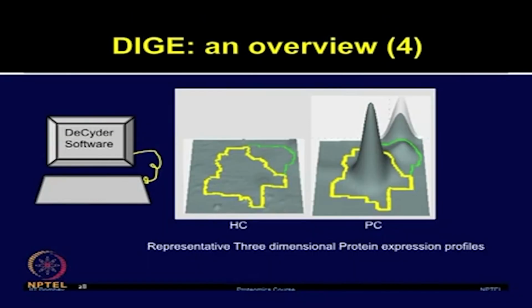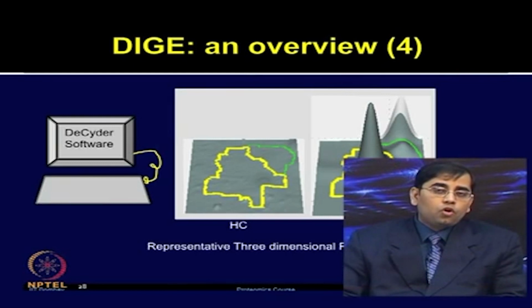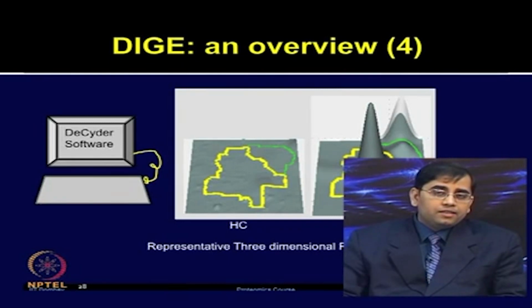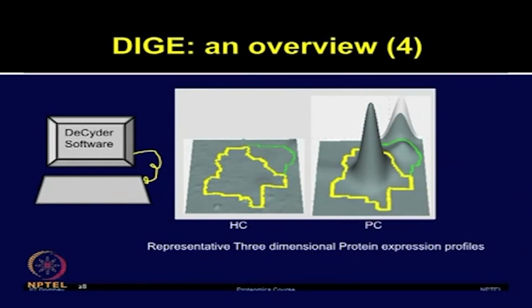Once you have run these gels, from the same gel the images can be obtained, 3 images of your control and the treatment, and these can be analyzed with different software such as DIGE software. By looking at 3-dimensional views and the statistical data, these proteins can be considered as interesting for further investigation.